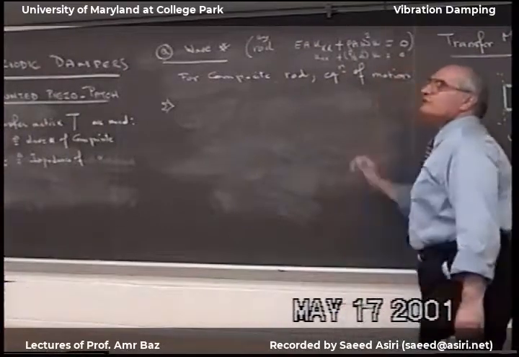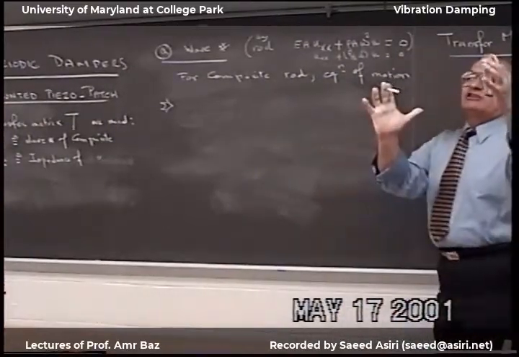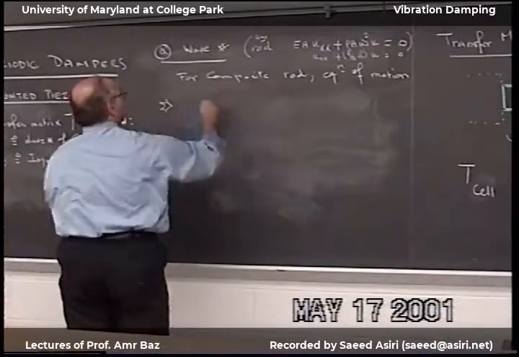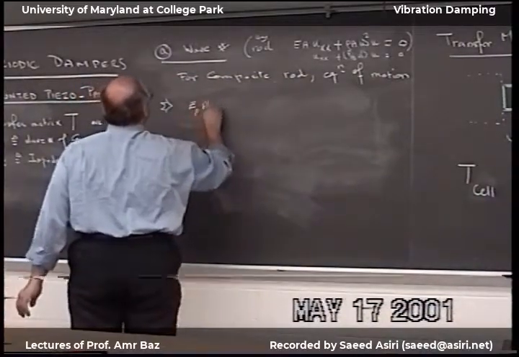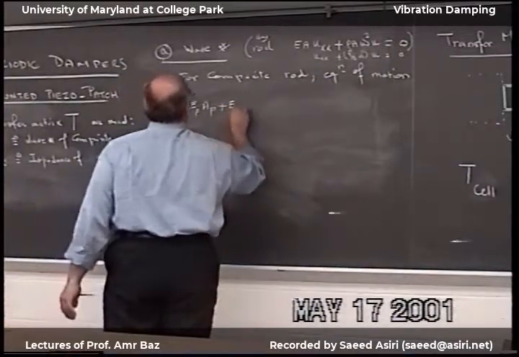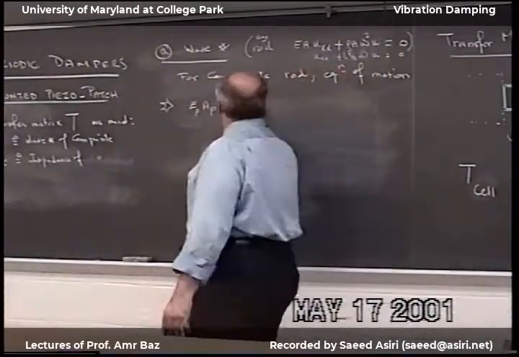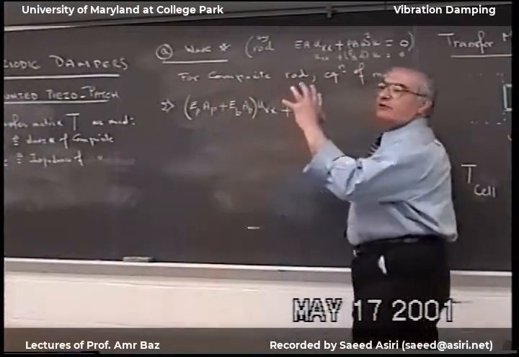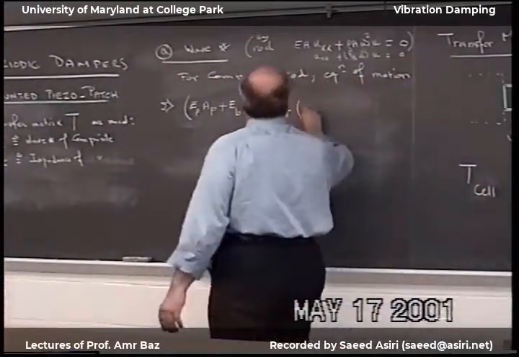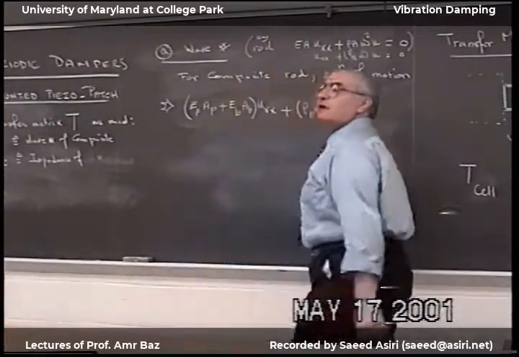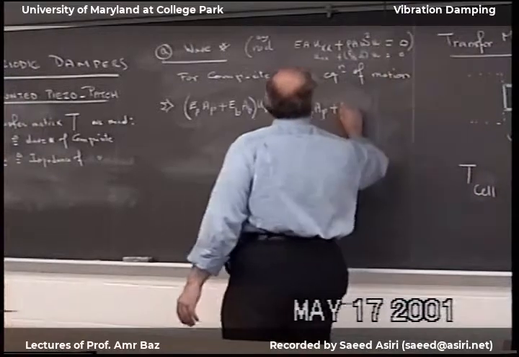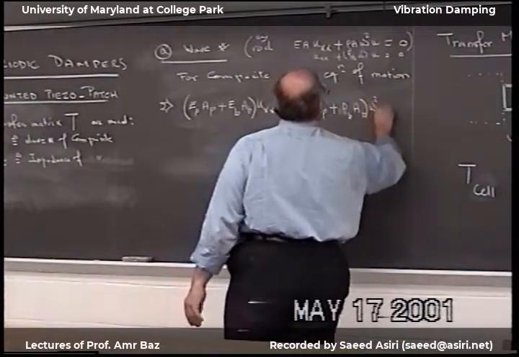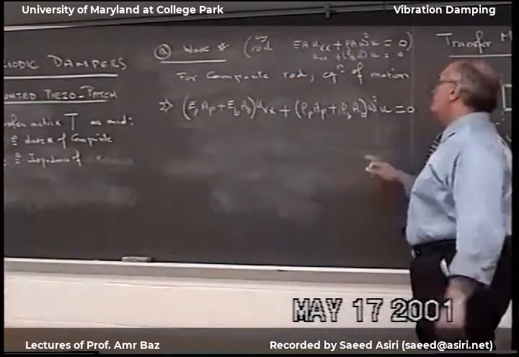Now for the composite rod, we write down the total strain energy and the total kinetic energy, and as we've done time and again, this equation becomes E piezo A piezo plus E base rod A base rod, times U_XX, and the entire kinetic energy will be the sum of the mass of the piezo plus the mass of the rod, rho base A base omega squared U, is equal to 0.